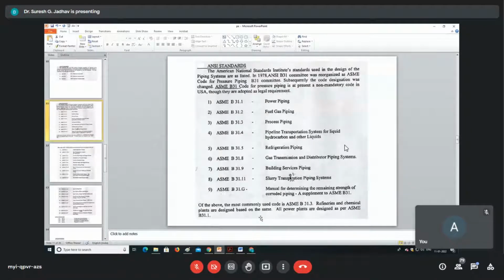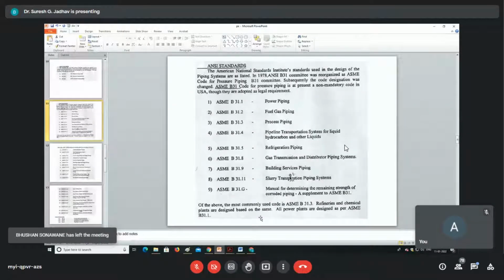Next, fourth, is pipeline transportation systems for liquid hydrocarbon and other liquids. For this purpose, we can use ASME B31.4. The next code, for refrigeration piping, is ASME B31.5. Likewise, for gas transmission and distribution piping systems, we refer to ASME B31.8.